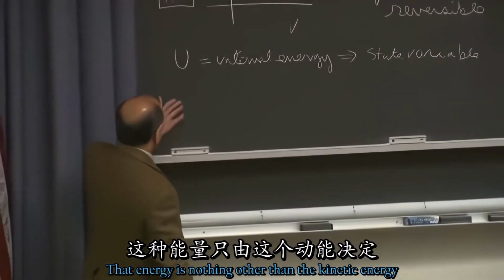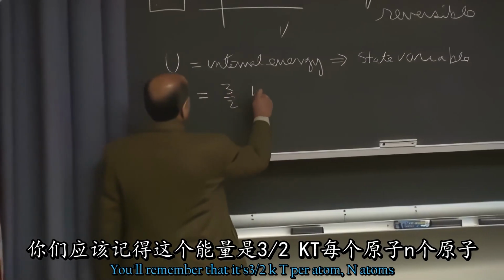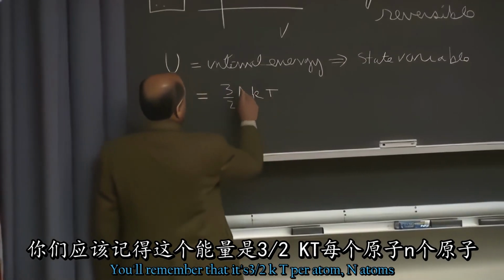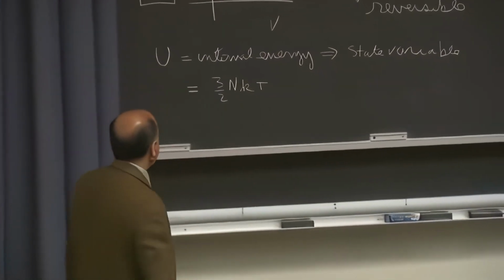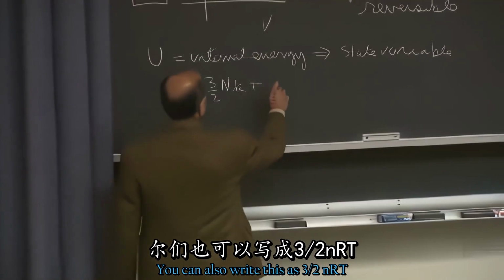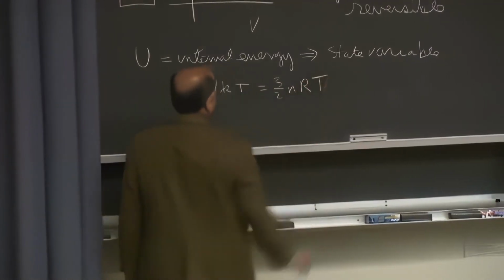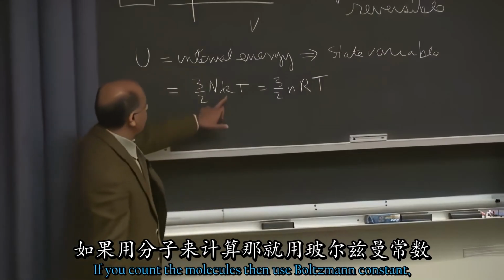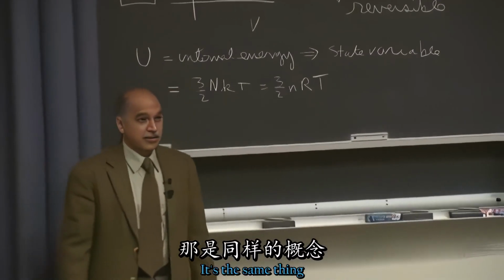That energy is nothing other than the kinetic energy. You remember there is 3/2 kT per atom, n atoms. That's the internal energy. You can also write this as 3/2 nRT. Either you count the molecules and use the Boltzmann constant, or you count the number of moles and use the gas constant. It's the same thing.